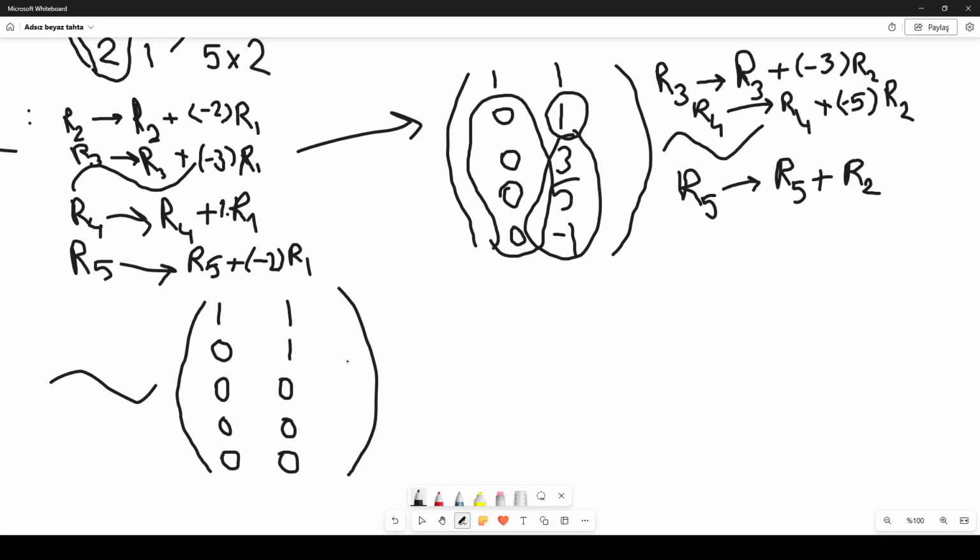The answer is yes, I'm done, because now look at this. I have 1 0 here, and if we have a 0 row, these 0 rows must be below all other rows. This is the rule for the Gaussian elimination method. In other words, this signals that we're done with the Gaussian elimination method, right?